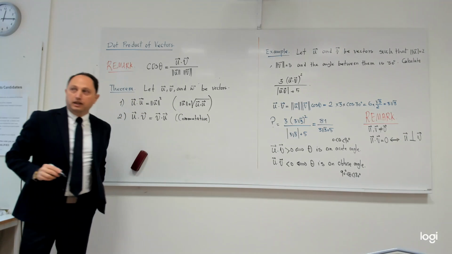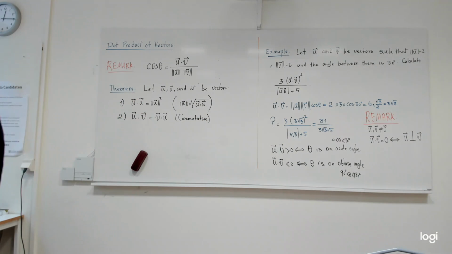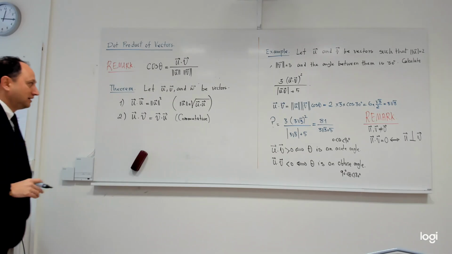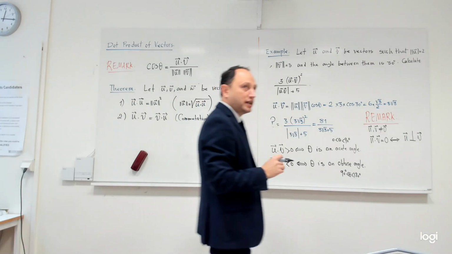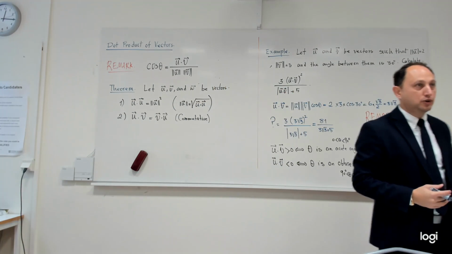What do you think? Do you think it is also associative? Yes or no? So you see, those things we took for granted for numbers, there's no guarantee they will actually pass through other subjects. We have to check them every time we define a new operation.